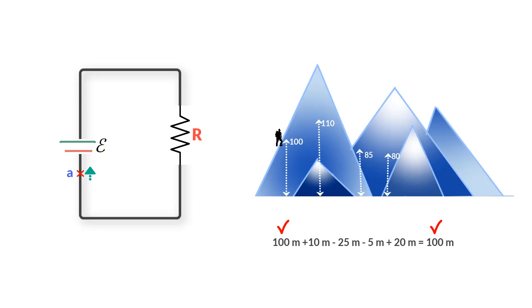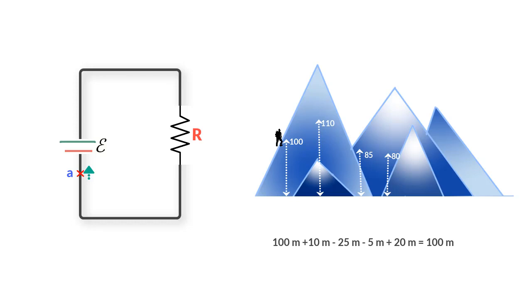Well, if we apply the same idea in circuits where we say that if you start at a point and come back to the same point, your final potential should be the same no matter what you encountered on the way. Or in other words, the net gain and loss in potential on the way should be 0.